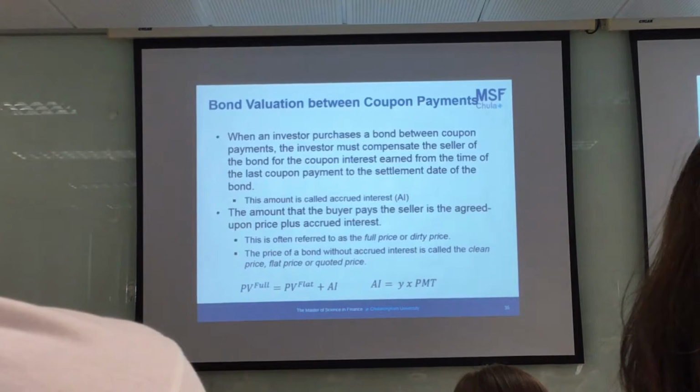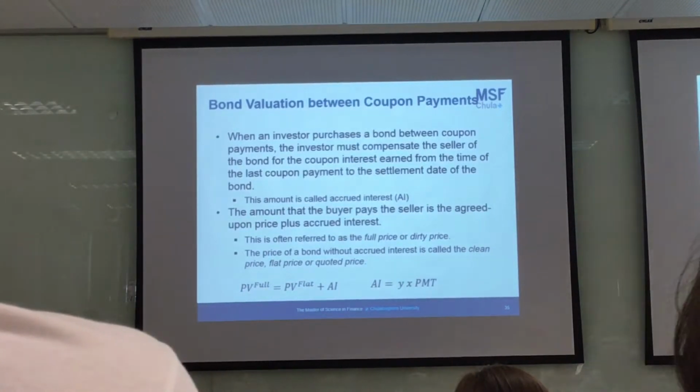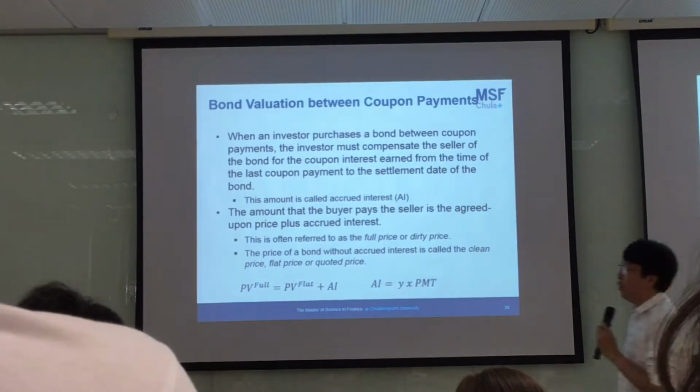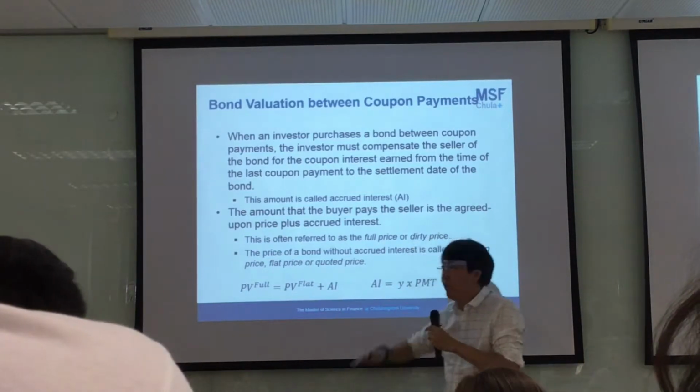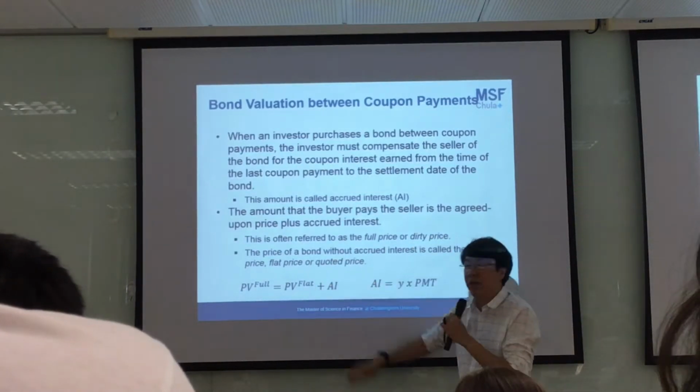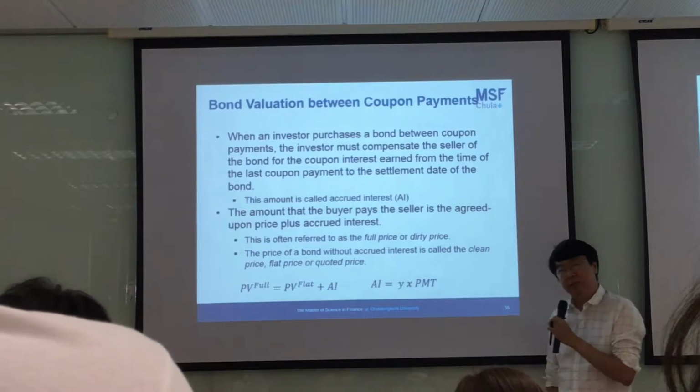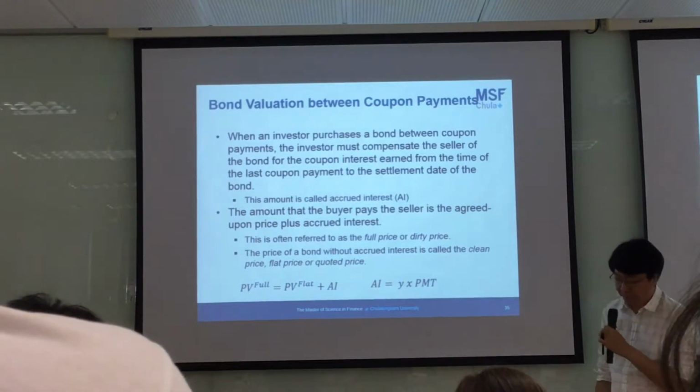Now, let's talk about why we don't just submit the full price, why we must do things the hard way. Why don't we just submit the full price? Then we don't need to add on the cost of accrued interest.